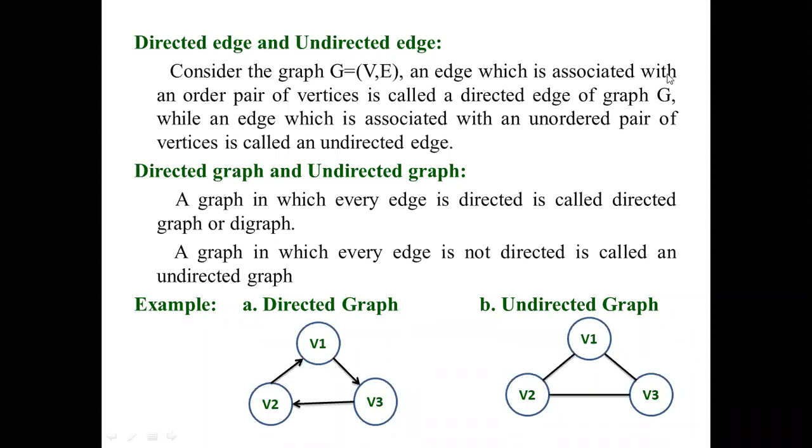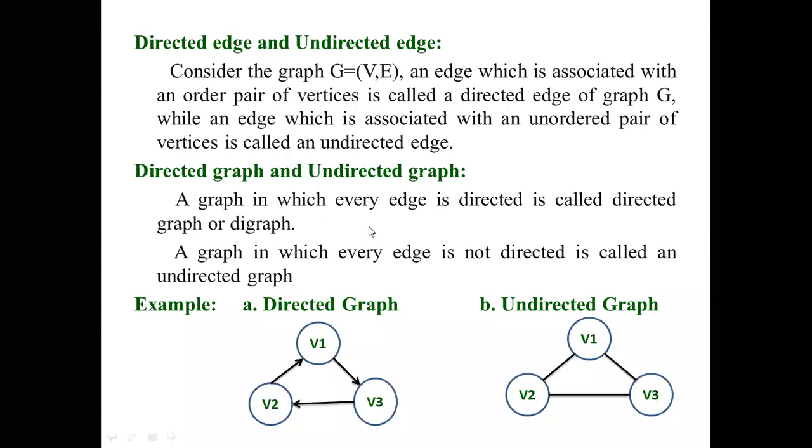An edge which is associated with an ordered pair of vertices is called a directed edge of the graph G, while an edge which is associated with an unordered pair of vertices is called an undirected edge.